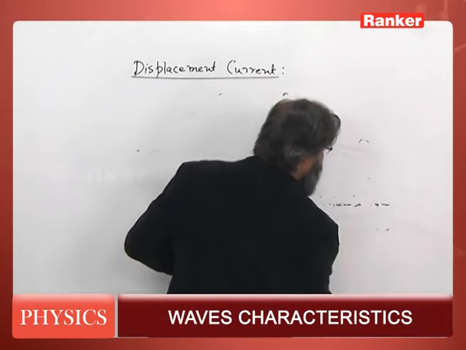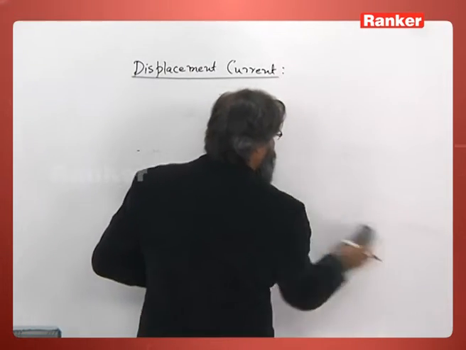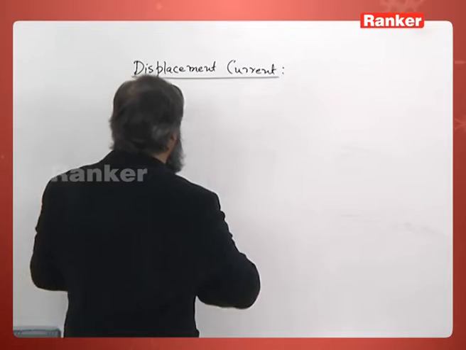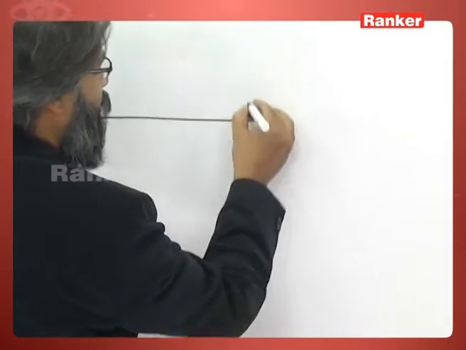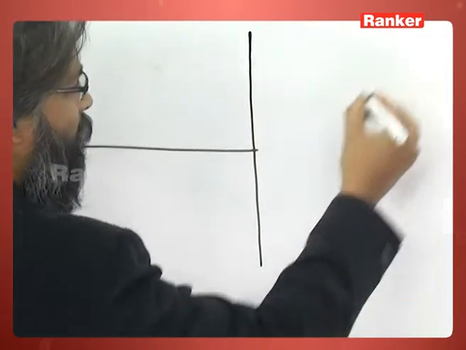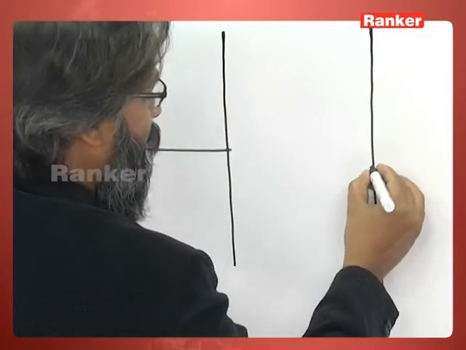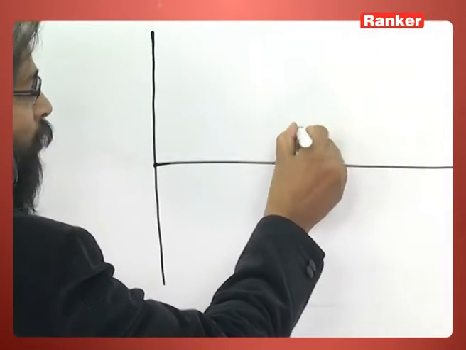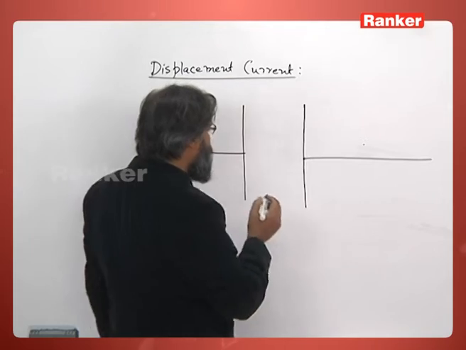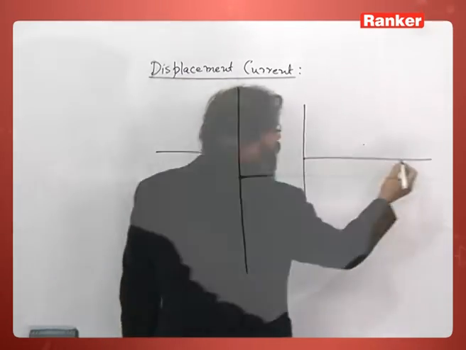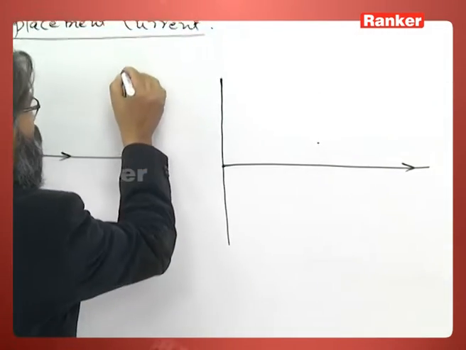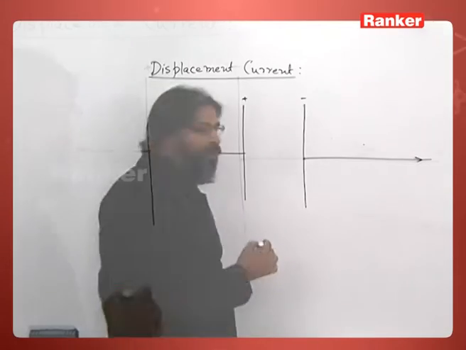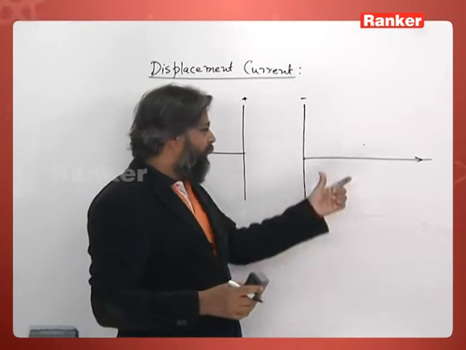So we will have another diagram where we will concentrate on the loop. Suppose this is my capacitor plates and this is my wire, and I want to know what is the magnetic field here. The current flowing is here, the capacitor is being charged, this is the positive plate and this is the negative plate.